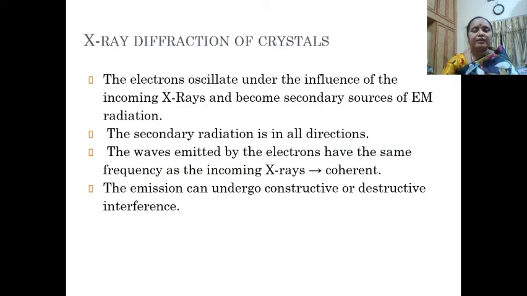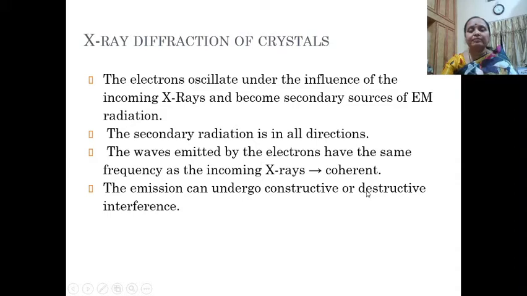Coming to X-ray diffraction of crystals. The electrons oscillate under the influence of the incoming X-rays and become secondary sources of electromagnetic radiation. The secondary radiation is in all directions.